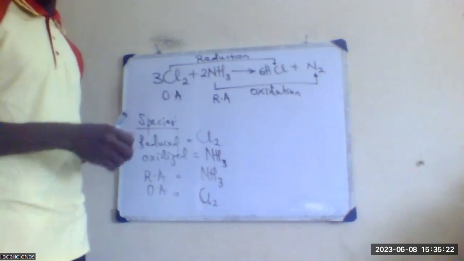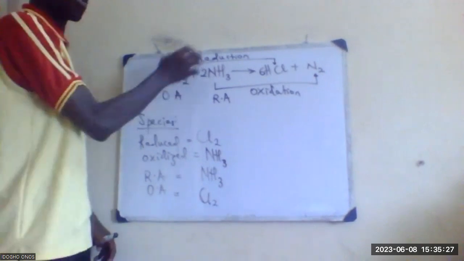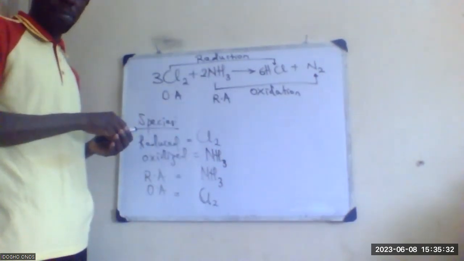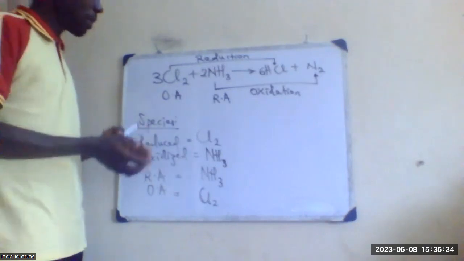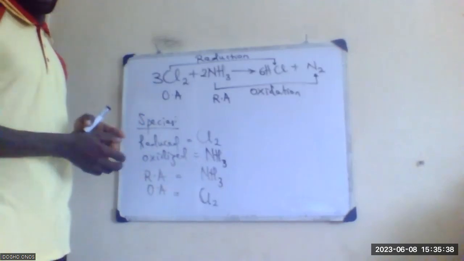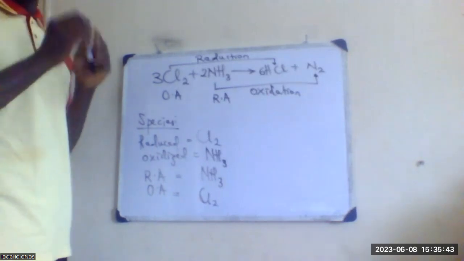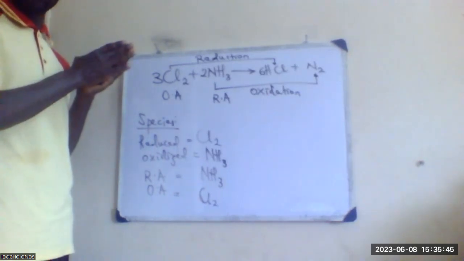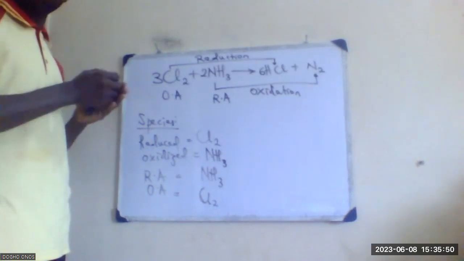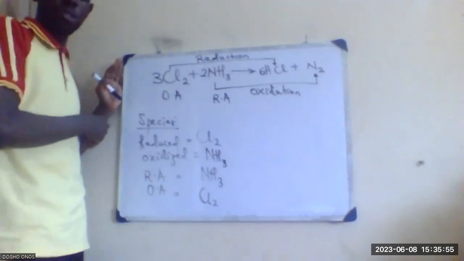In terms of oxygen, oxidation is the addition of oxygen, and reduction is the removal of oxygen. It gets confusing, but they are more or less opposites. Oxidation is addition of oxygen, removal of hydrogen. Reduction is removal of oxygen and addition of hydrogen.